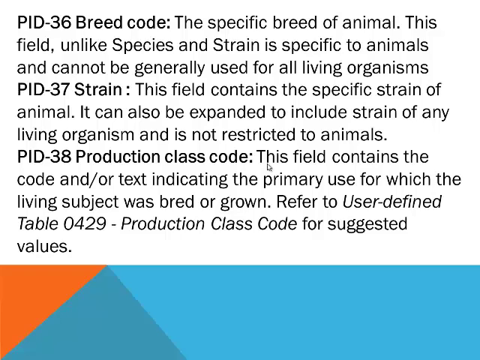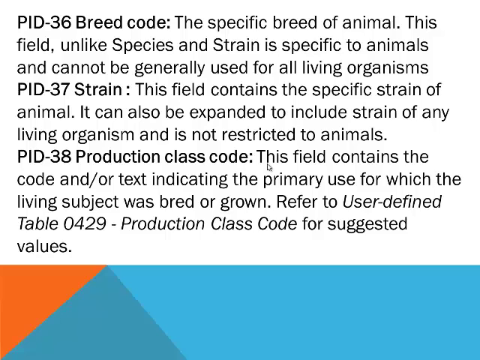The PID 37 strain field contains the specific strain of animal. It can also be expected to include a strain of any living organism and is not restricted to animals.